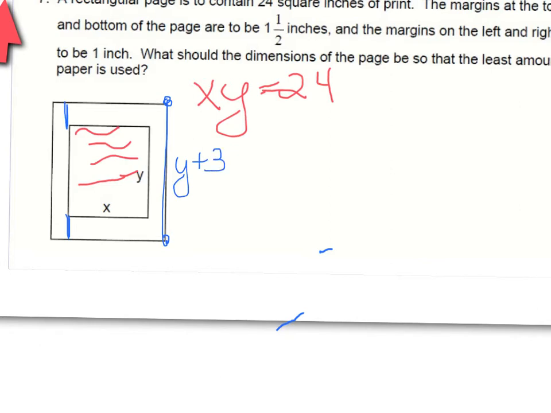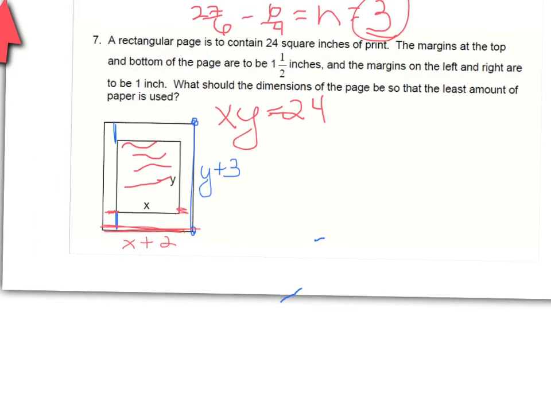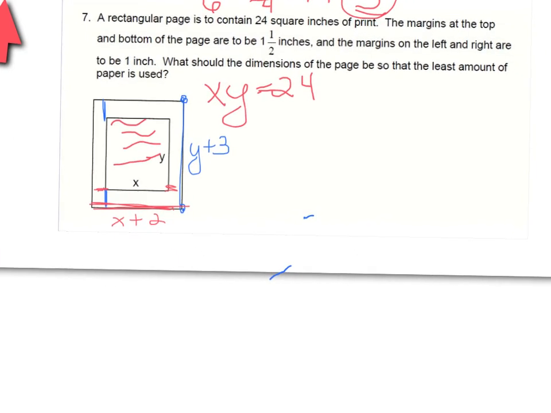Then it says the margins on the left and right are 1 each. So that means this total length here is x plus 2. And we want to know the least amount of paper used. So that's also an area, but that's going to be the outside dimensions of x plus 2 times y plus 3.